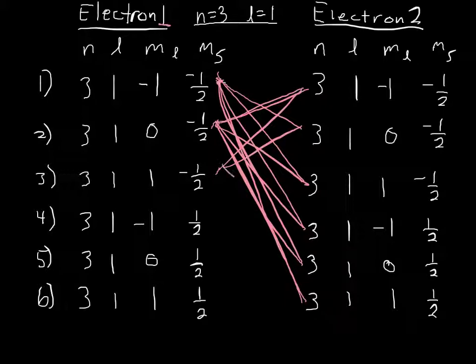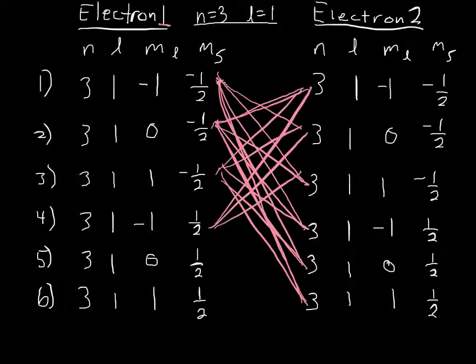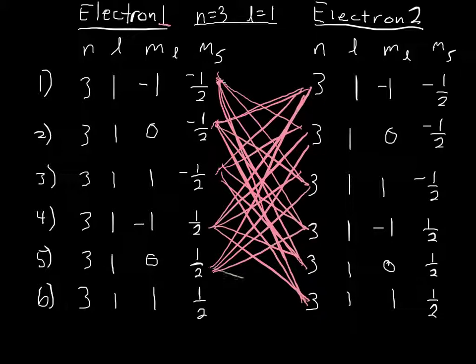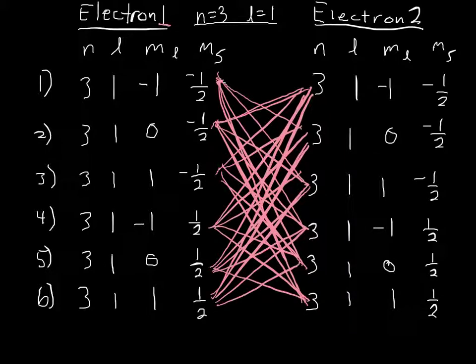So I'm at 13, 14, 15, 16, 17, 18, 19, 20, 21, 22, 23, 24, 25, 26, 27, 28, 29, 30. So I have 30 possible states that I can use with the Pauli exclusion principle.